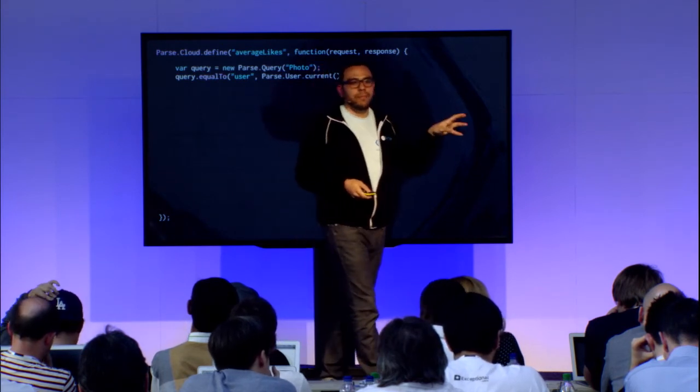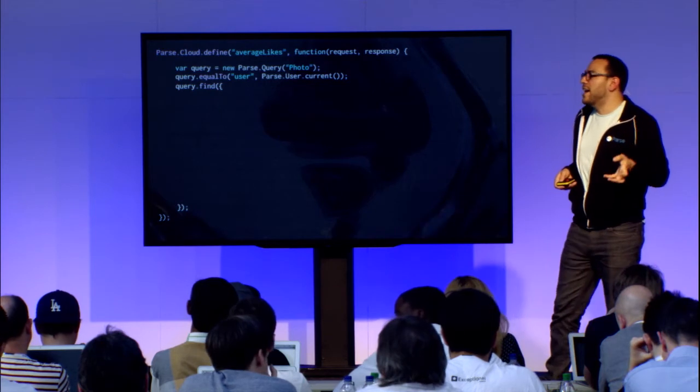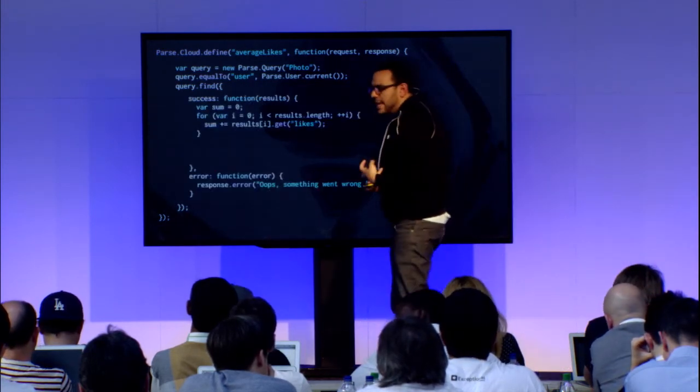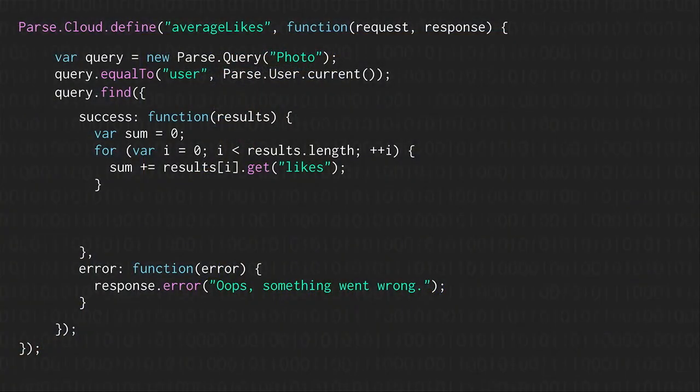I can query for all the photos that are owned by the user that made that call, find, that's going to get me an array of all those objects that match. Then I just get the likes property, add them up, and return that calculation to the client.